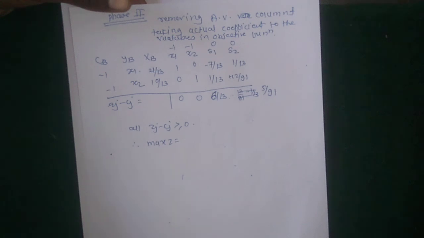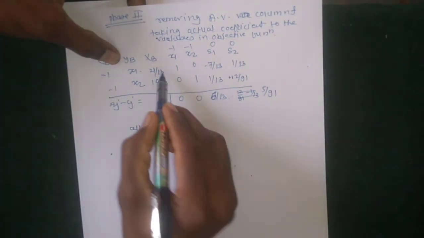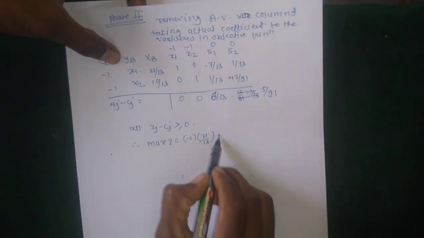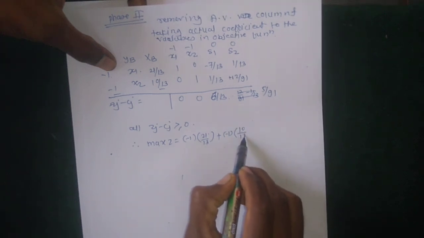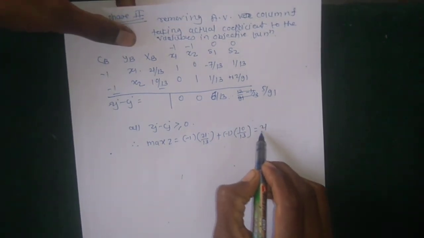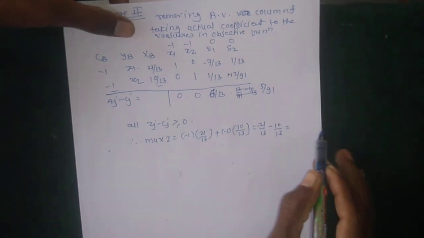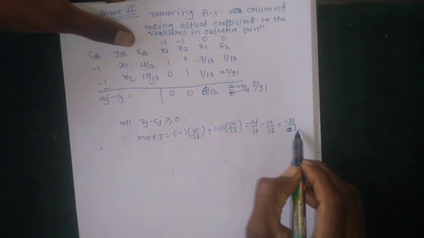So their value is also positive. Okay, so therefore maximum Z is equal to minus 1 into 21 divided by 13 plus minus 1 into 10 upon 13, which is 21 upon 13 minus 10 upon 13. We get minus 31 divided by 13.